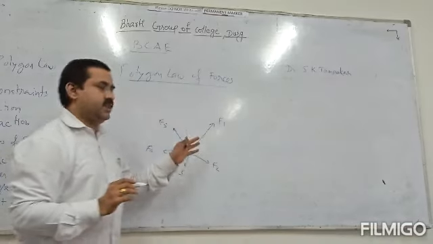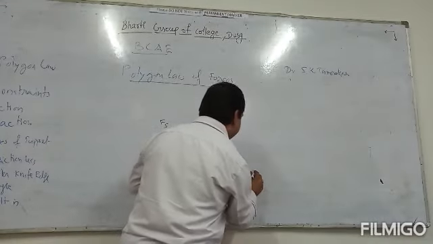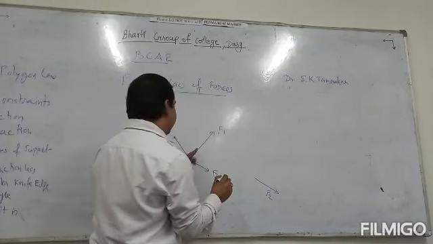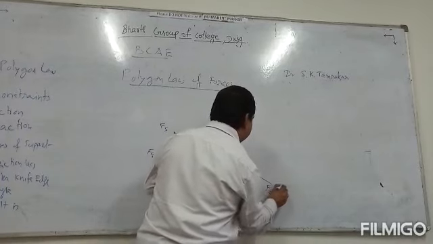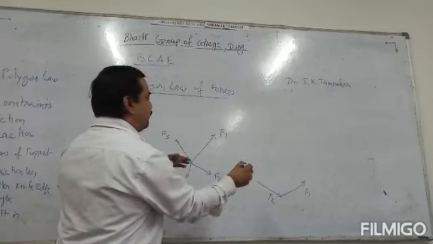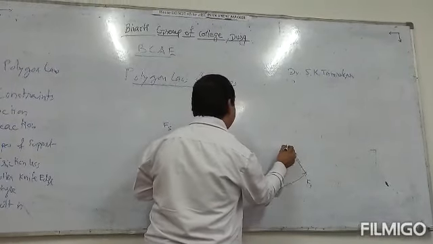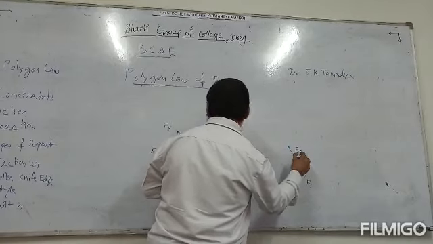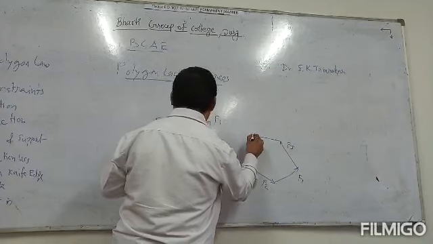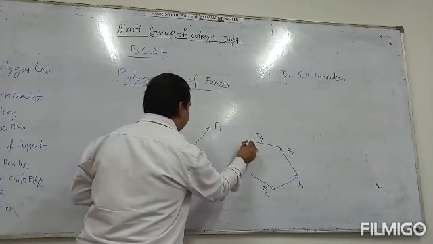We can start with some forces. We start with F2 here, then F1. We have to take the forces in order, then F5, then F4, then F3.